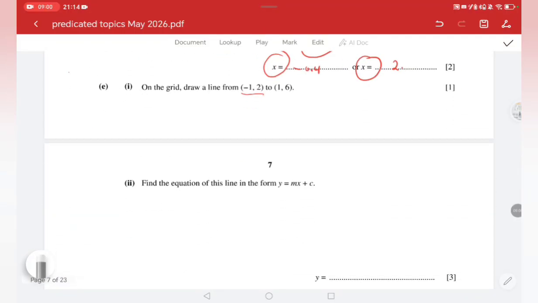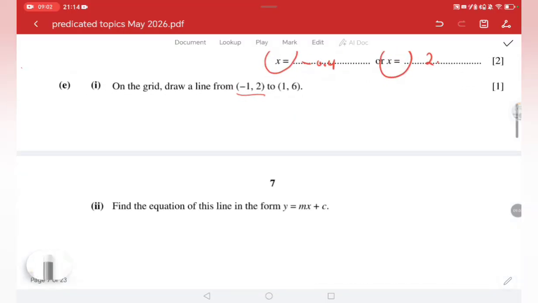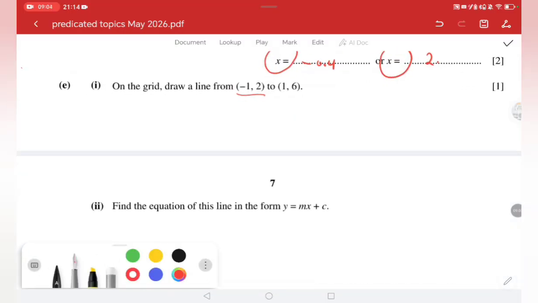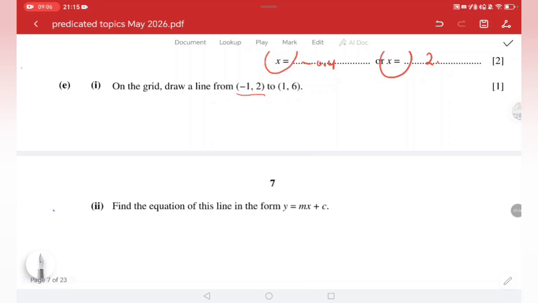Next one, find the equation of the line. If they ask me to find the equation, y equals mx plus c. How to find m? Usually we find m as (y2 minus y1) over (x2 minus x1). So 6 minus 2 divided by 1 minus (-1).